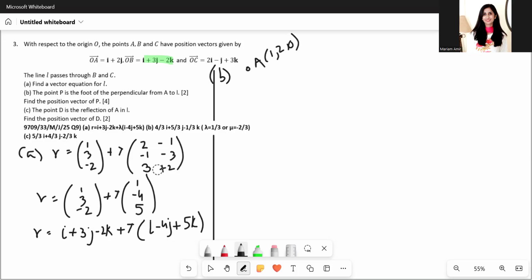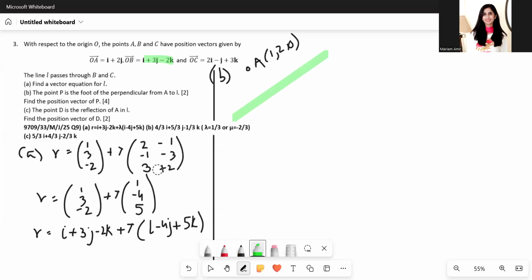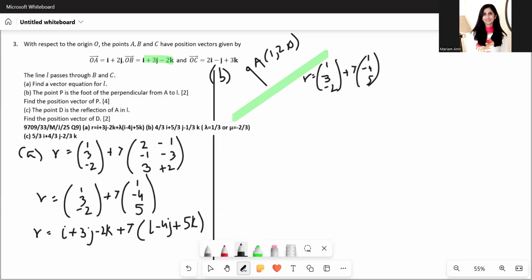And then we have the vector line L, which is r equals, I'm writing it in column vector form, 1, 3, minus 2, plus lambda, 1, minus 4, 5. And we have to find the coordinate of the foot of perpendicular from the point to the line. So we'll have a P somewhere over here.